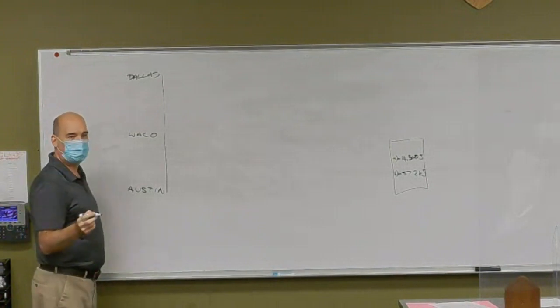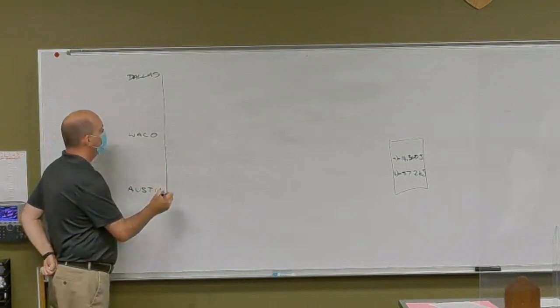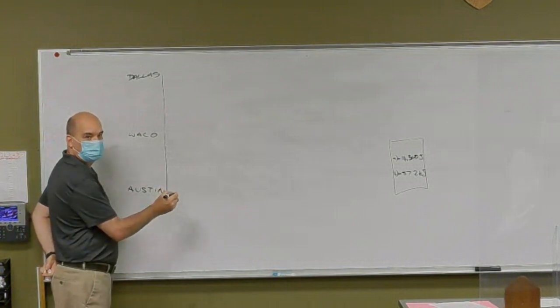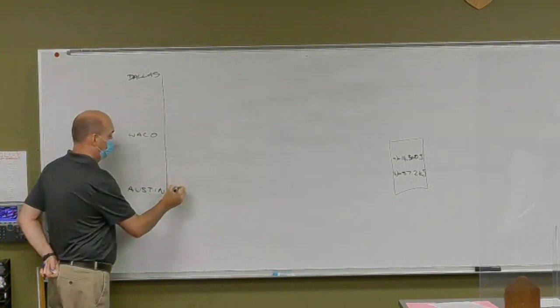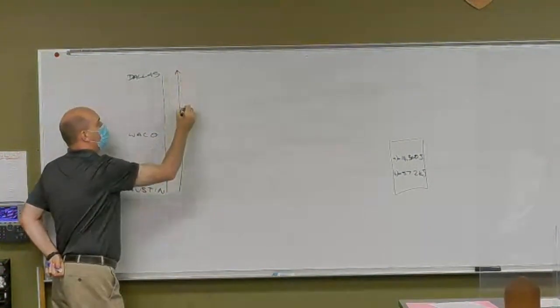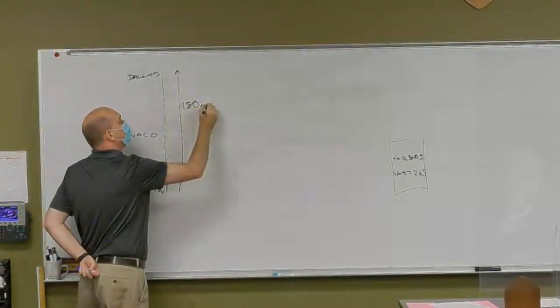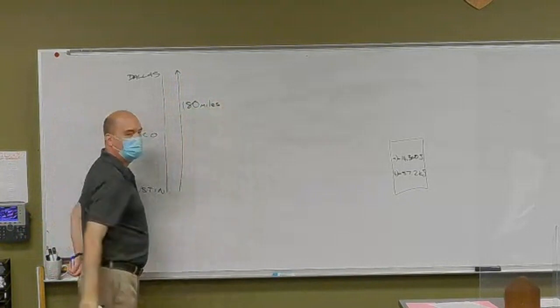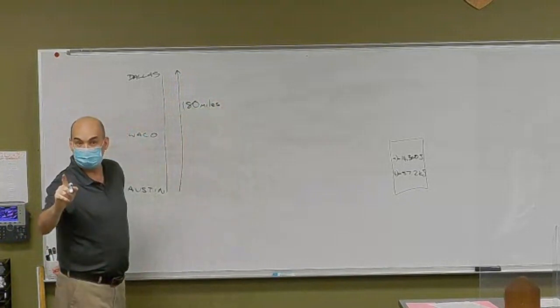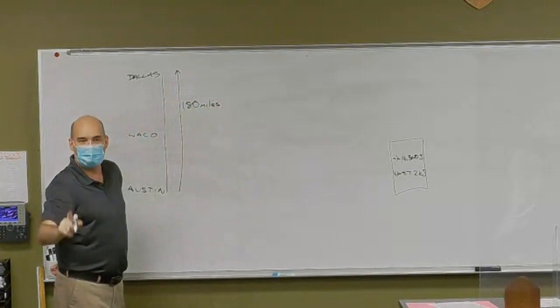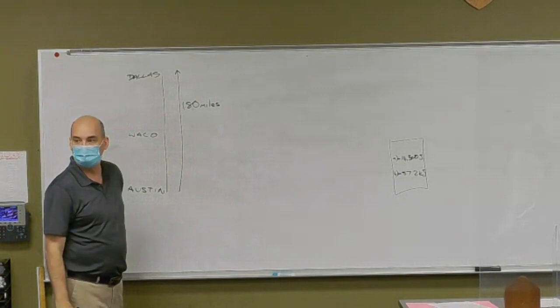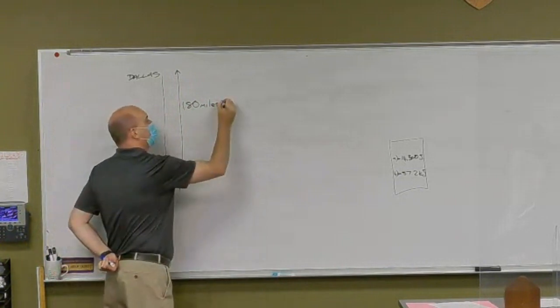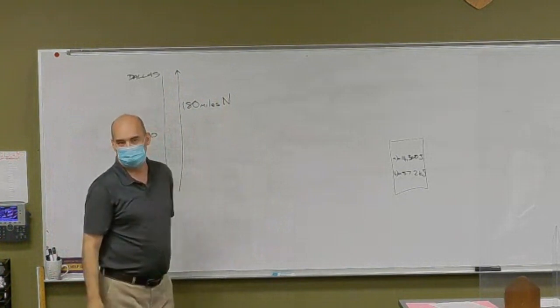How far, what's the distance between Austin and Dallas? That's about 180 miles, but that's only half the answer. It's 180 miles north.